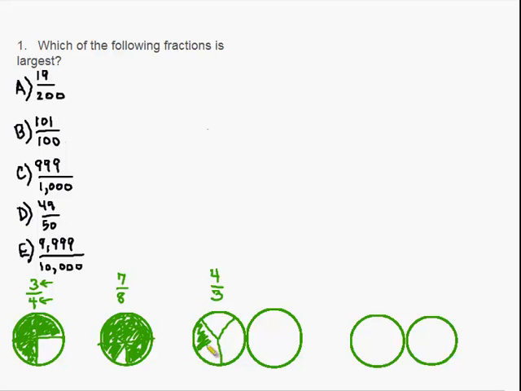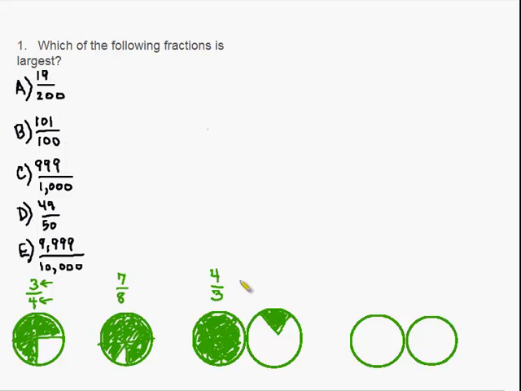Now notice if I color these in, well, I've only colored in 3, and I already have the entire pie. So I would actually have to start another pie to color this in, and notice that I have more than one. I have more than the whole.